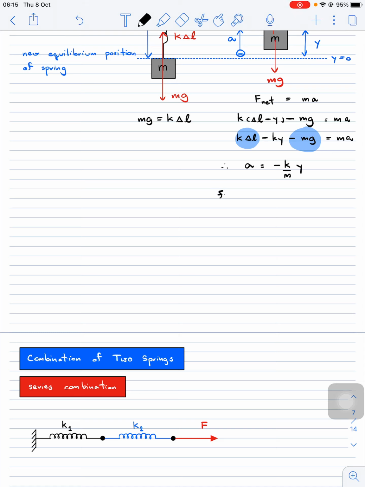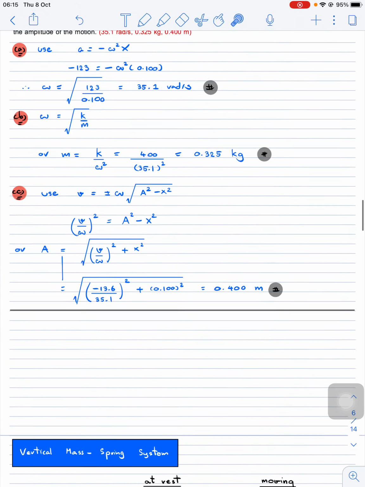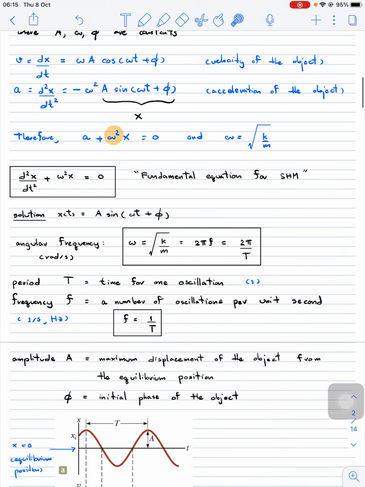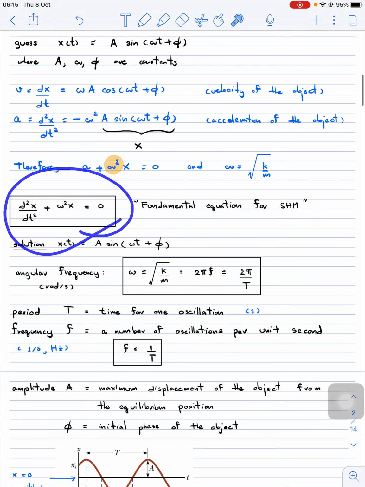In the form of the fundamental equation for simple harmonic motion. If you remember, we talked about this already. It's called the fundamental equation for simple harmonic motion.